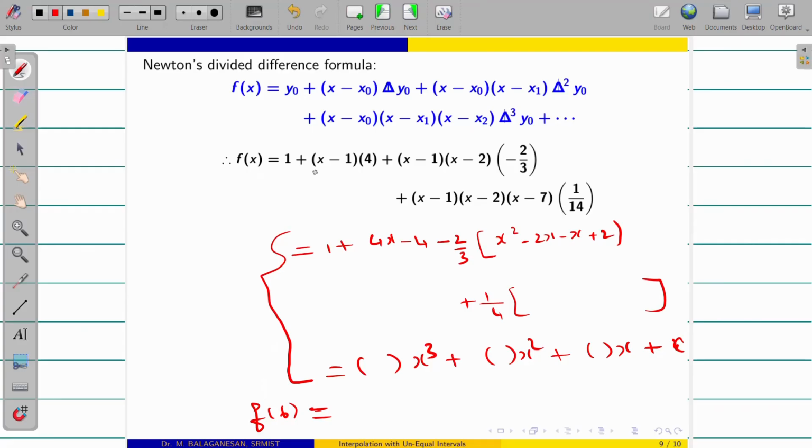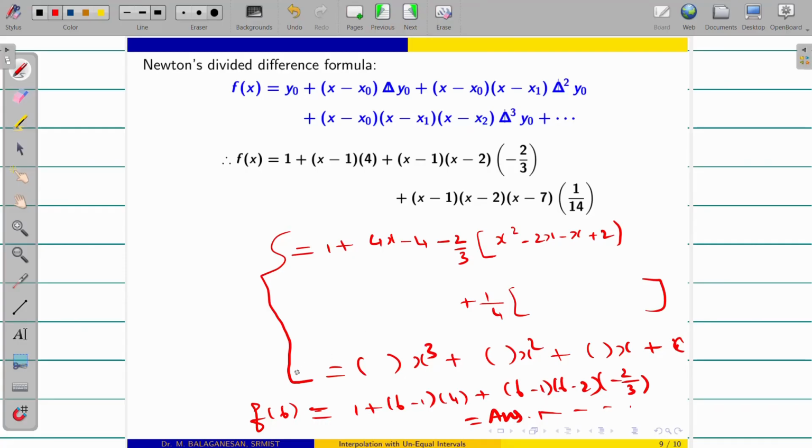For that, in the place of x, I have to replace by 6. So 1 plus 6 minus 1 into 4 plus 6 minus 1 into 6 minus 2 into minus 2 by 3 plus etc. Try to find the answer first. You will get the answer. And then in the next step, try to multiply everything and find the polynomial.